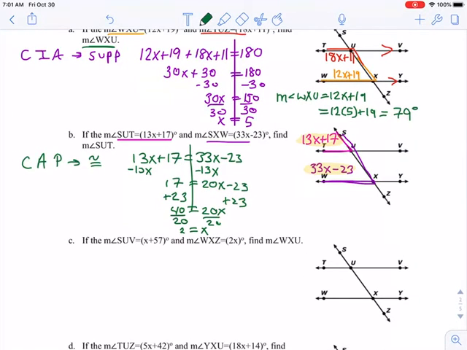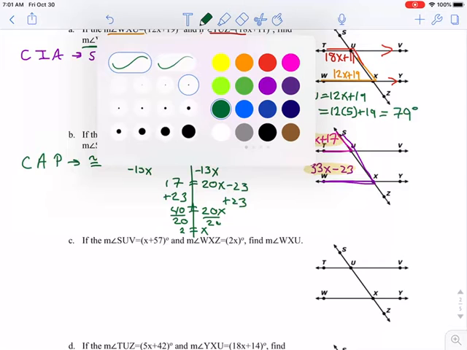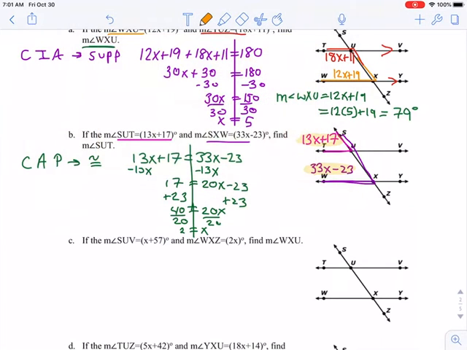And then I must answer the question, or I must obey what the question's telling me to do. This really isn't a question, it's more of a demand. It's telling me to find the measure of angle SUT. 13x plus 17.